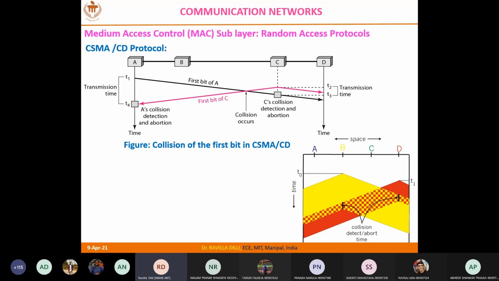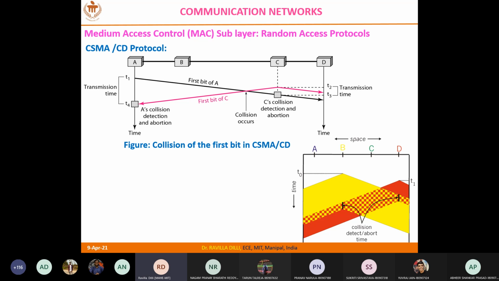But in order to realize the collision, node A should transmit the frame bits at least till T4, where the first bit of frame C comes. Till then, frame A should continue its transmission. Then only at node A can you find the overlap of frame bits. Otherwise, there won't be an overlap.